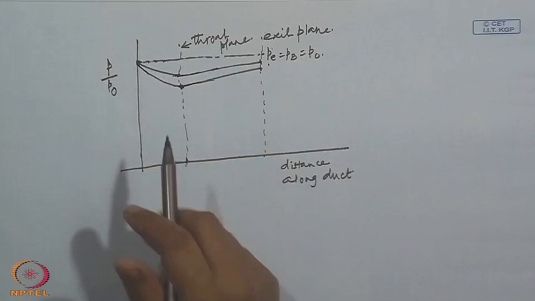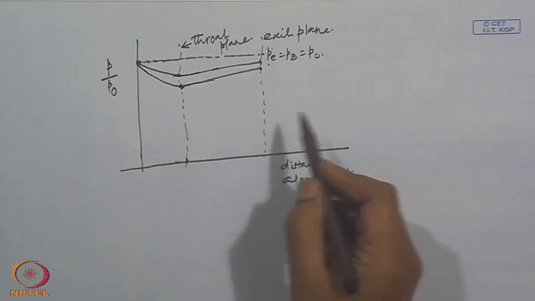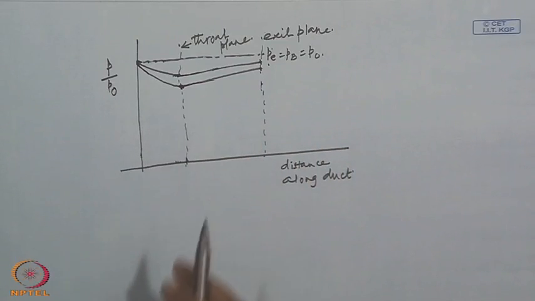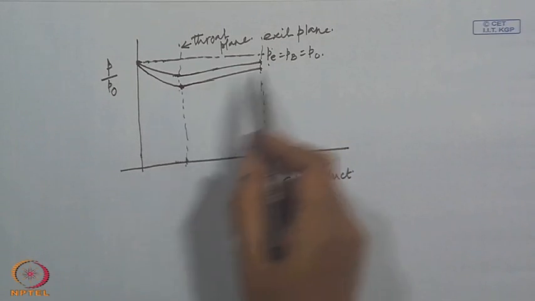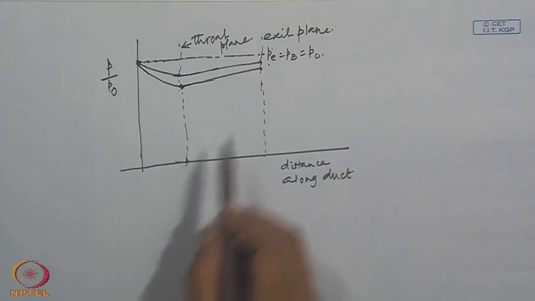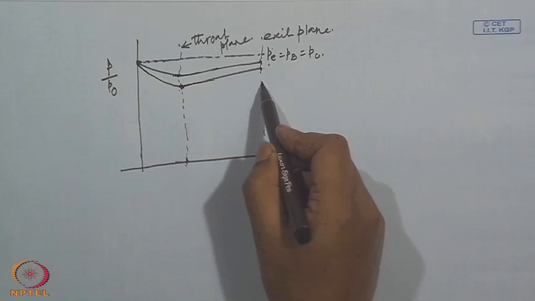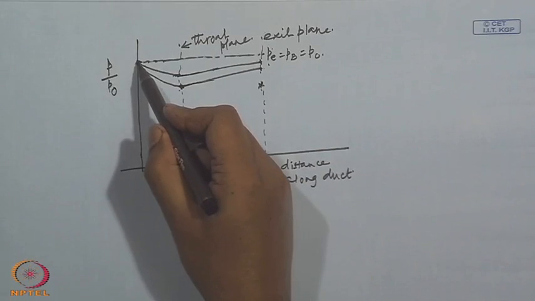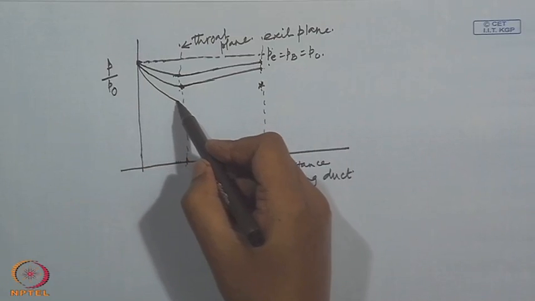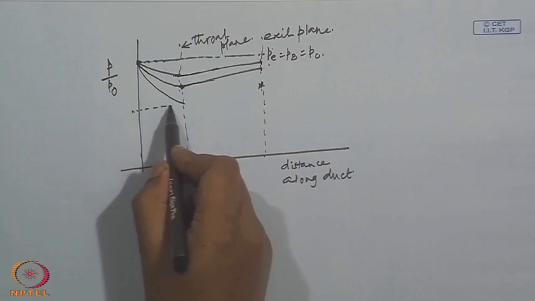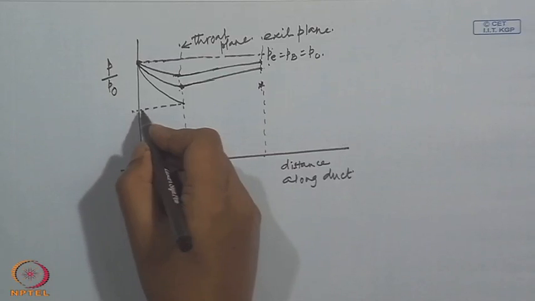Let us say now what we see here, that the pressure at the throat is smaller than the pressure at the exit plane or back pressure. So, for a certain value of back pressure, the pressure at the throat plane reaches the critical value, let us say P star.